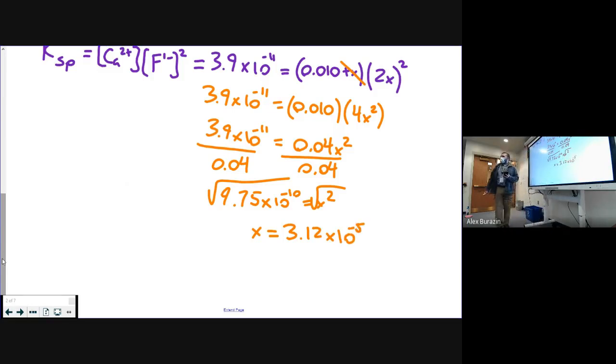Cole, what did you get using the solver including the x? Well, there are 3 different answers, but 2 of them are pretty much spot on. One is 3.11 or 3.12 times 10 to the negative 5, and then 3.13 times 10 to the negative 5.